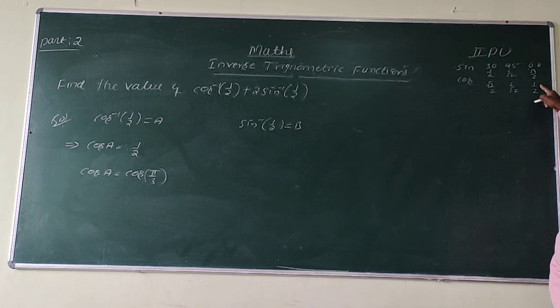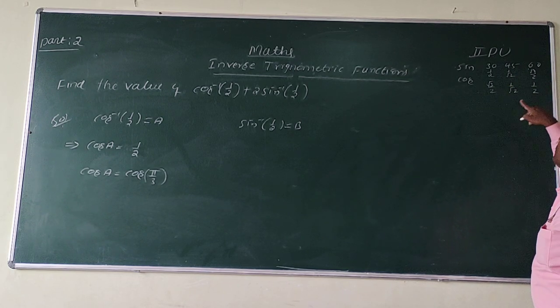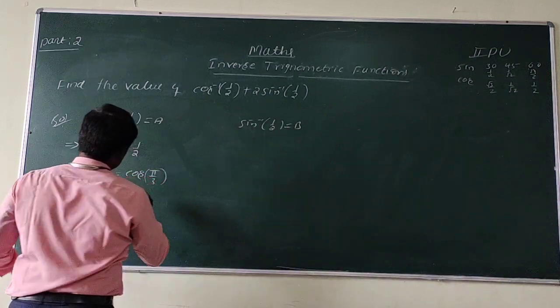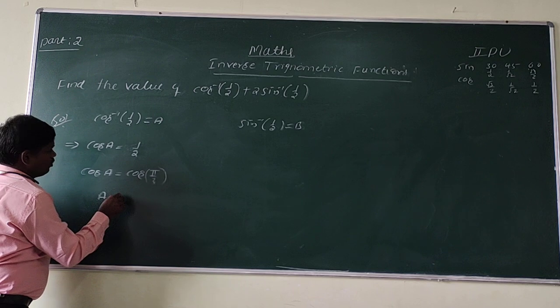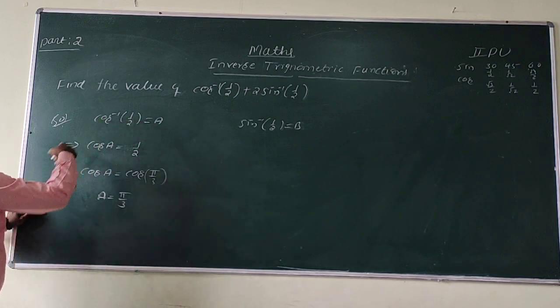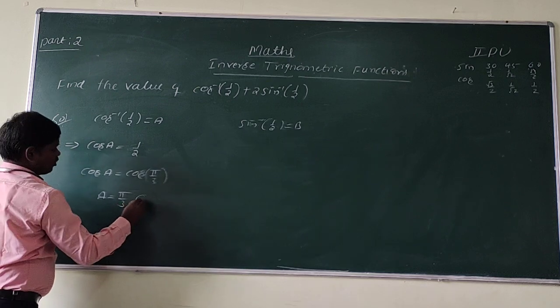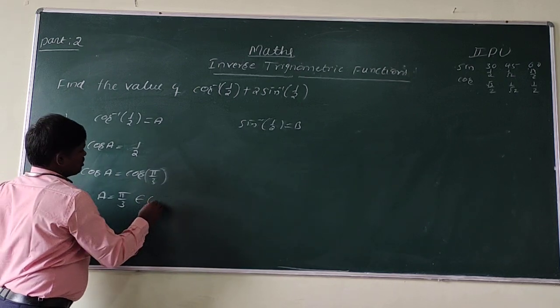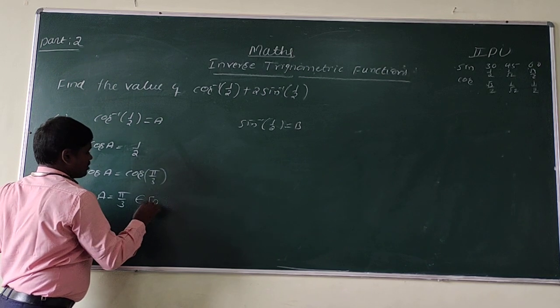So cos of 1 by 2 is equal to 60 degrees, which is pi by 3. Therefore A is equal to cos inverse of 1 by 2, which is pi by 3, and this belongs to 0 to pi.